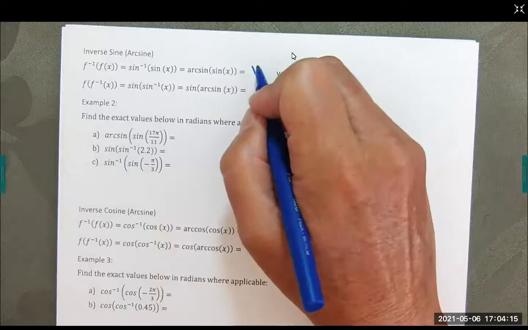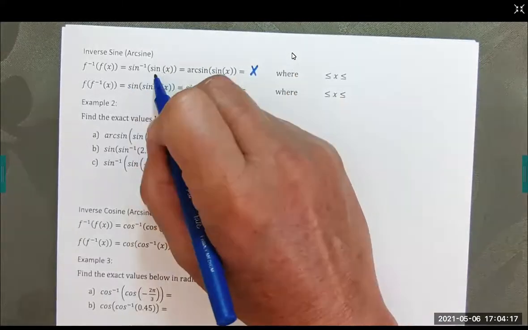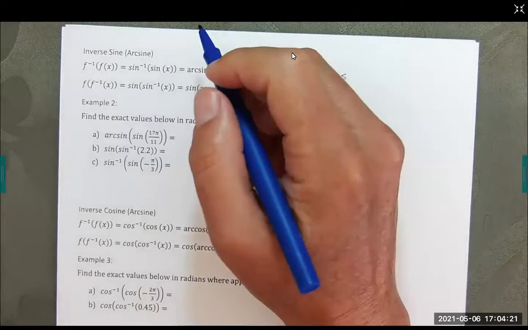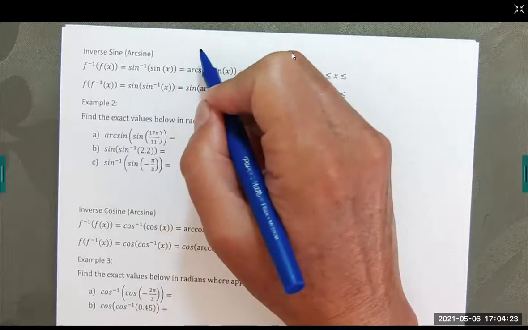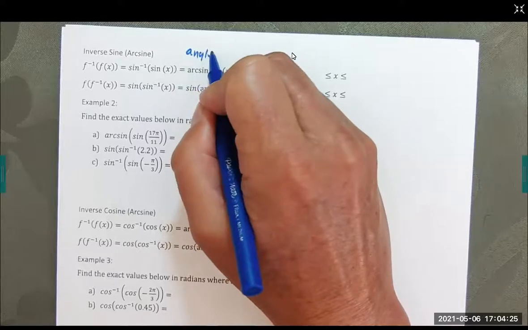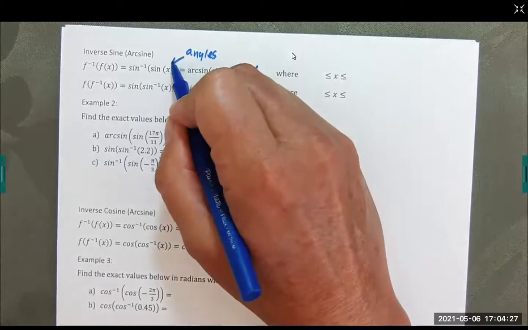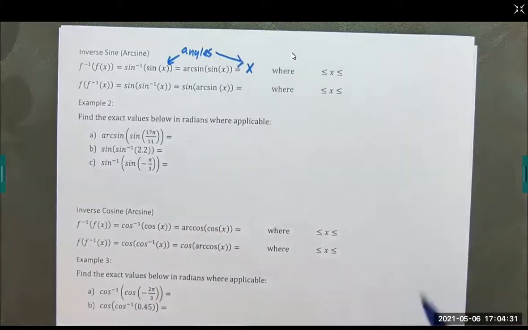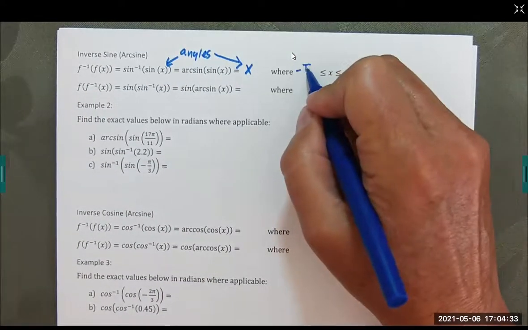Once again, sine and inverse sine of x cancel each other out. They completely collapse out. However, these x's are angles, which means we're bounded between negative pi over 2 and pi over 2.